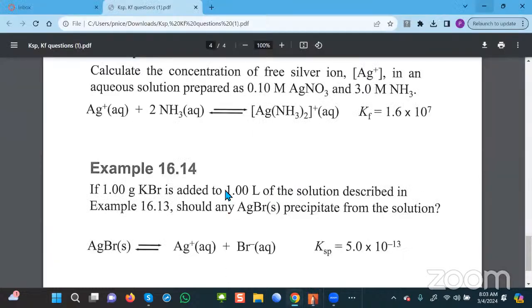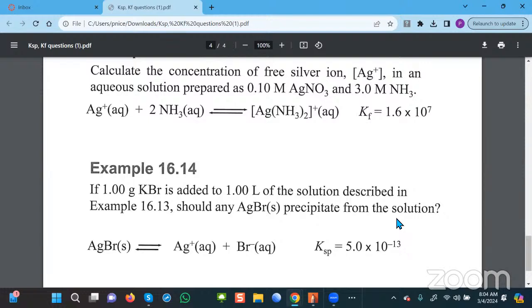The last question says, if 1.00 grams of potassium bromide are added to 1.00 liters of the solution described in the previous example, should any silver bromide precipitate from the solution?